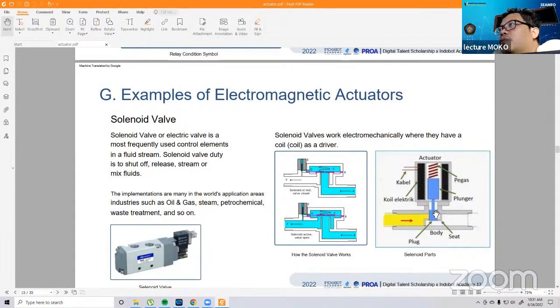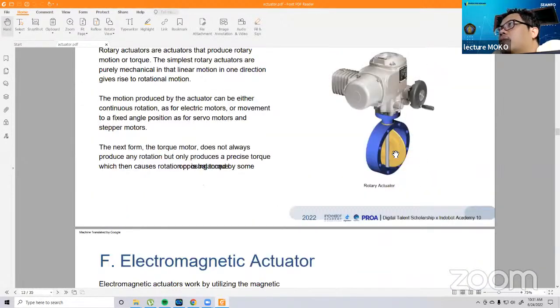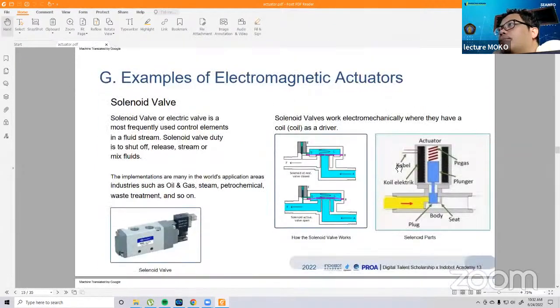If the solenoid valve is open, this air will be transferred to the right side, and it will trigger the moving of this part. It's like you are blowing air. It's the mechanism, but how to trigger this part? We call it solenoid valve.